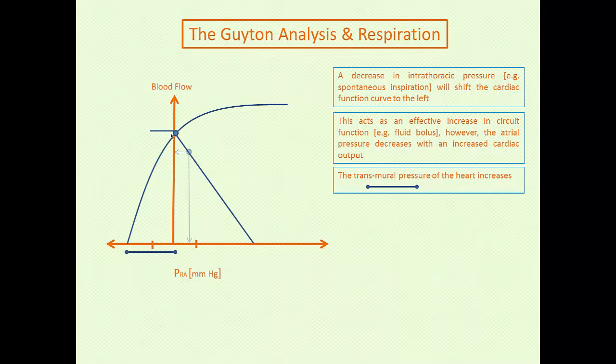And then the right atrial pressure in response to a decrease in intrathoracic pressure will also be modulated by your venous return curve, your circuit function, which, as we talked about in section 1 of this chapter, is modulated by multiple variables.